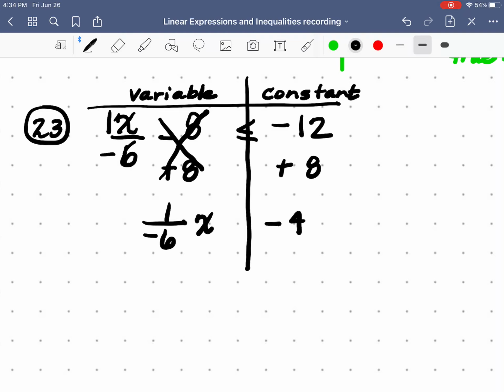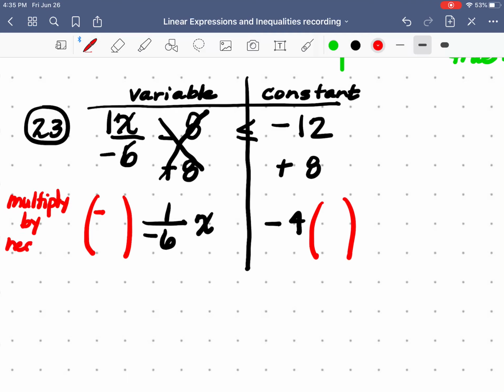So we need to get rid of the 1/6, or not get rid of it, we need to move it over to the constant side, and we do that with a reciprocal. And as soon as I write that negative in that parentheses, I am multiplying by a negative. As soon as I put that sign in there, I have to reverse my arrow.